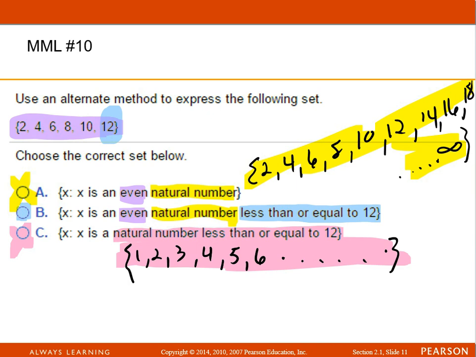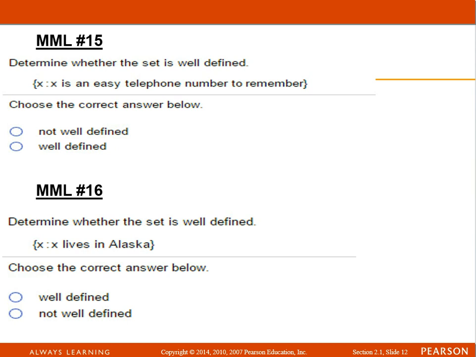Okay, next. Number 15 and 16 are two examples about telling whether the set is well defined. So for this first one, x such that x is an easy telephone number to remember. There are people out there that couldn't remember their own phone number to save their life.